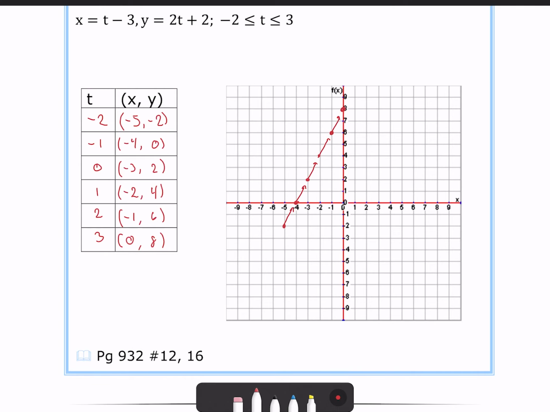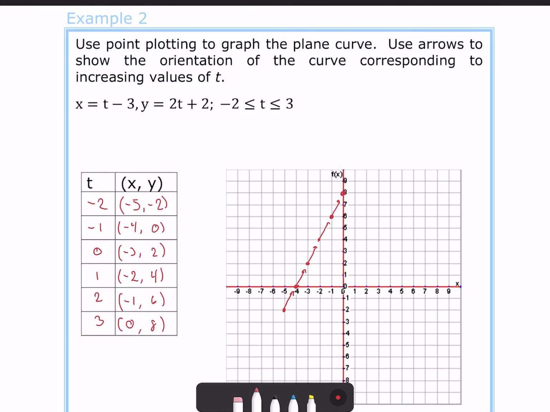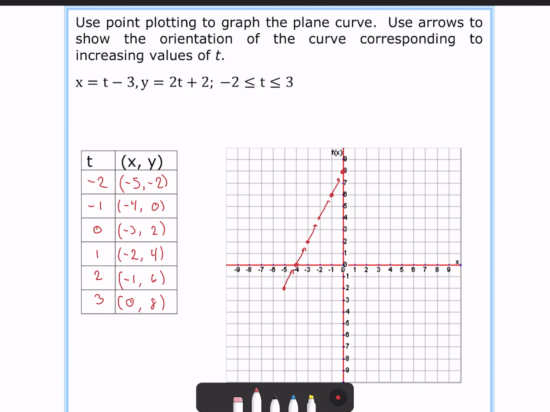So I plotted the points in the order in which our t-values occurred from lowest to largest, least to greatest, -2 through +3, and then you saw as I was drawing the little arrows in there indicating the order in which the points appeared, which gives a little bit of motion to our graph, which we don't normally see.